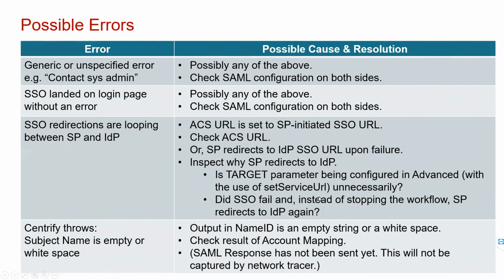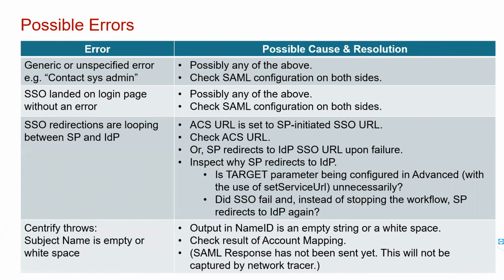So a network trace is the best tool here to find out the details inside not only the SAML response, but also other parameters such as relay state. And there's actually a target parameter involved that I have not talked about yet. The target parameter is used in SAML 1.0 that we support, but we do not normally use it because we do SAML 2.0 most of the time.